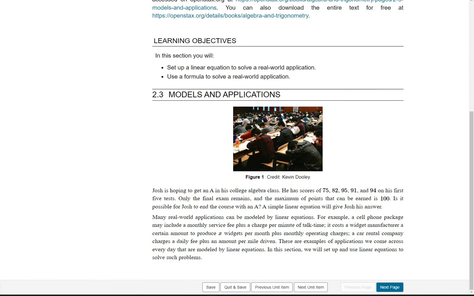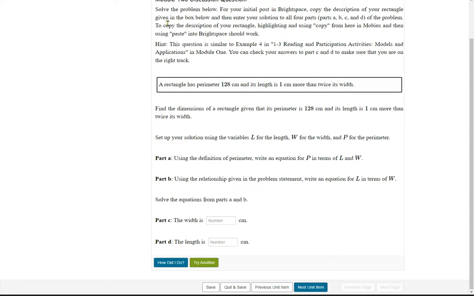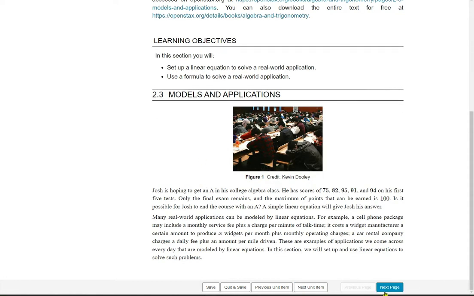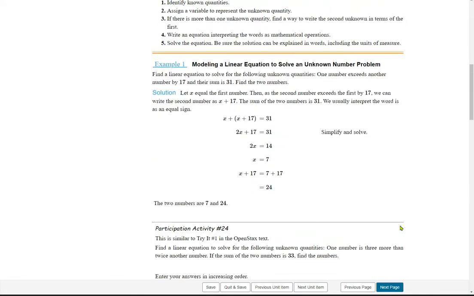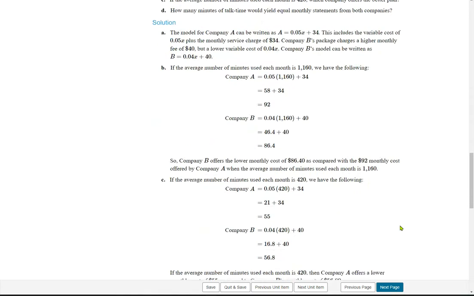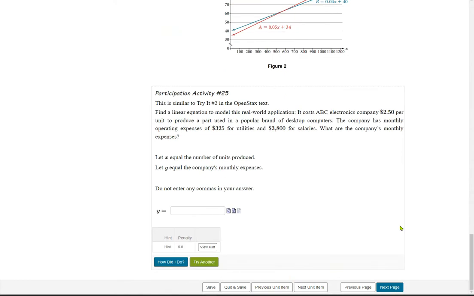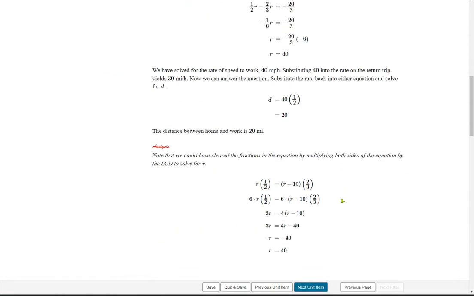I forgot already. Which one did they say it was? It was example 4. Okay, so I'm probably going to have to scroll through here and look for example 4. There's example 1. There's example 2. Next page. There's example 3.